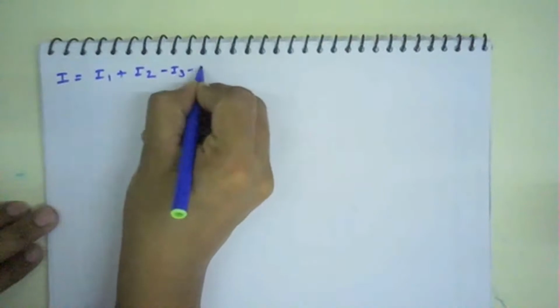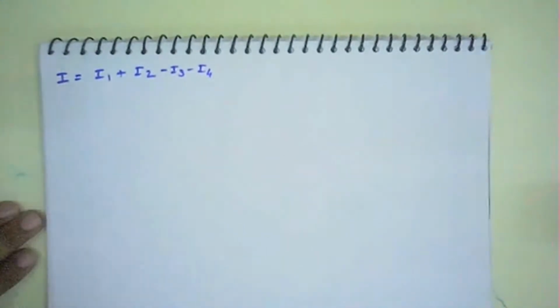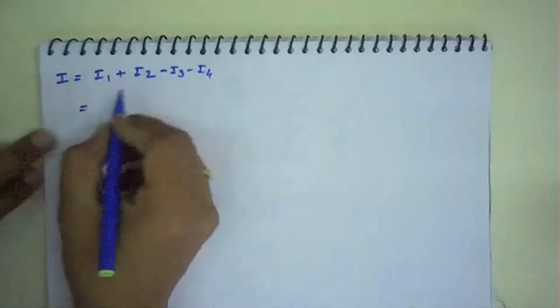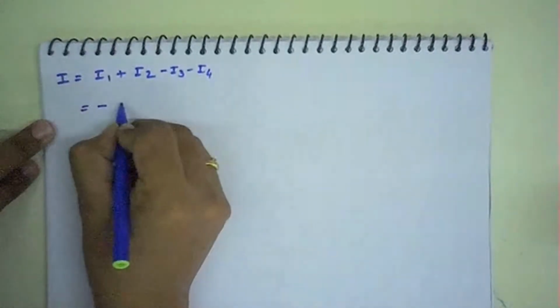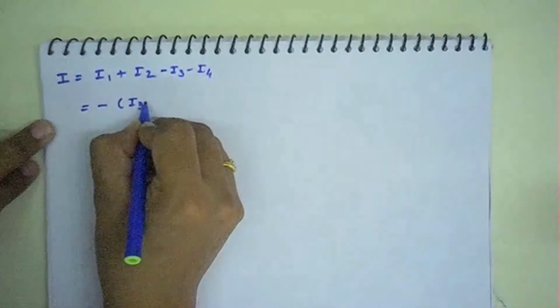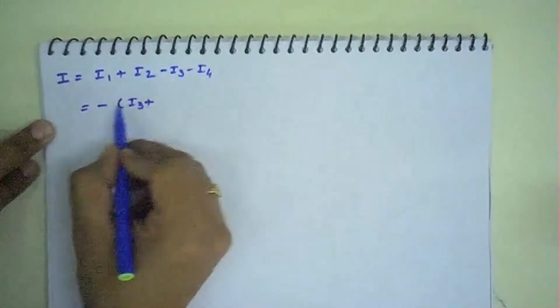Minus I3 minus I4. We have already considered all the values, but now I am taking the x component and the y component together.